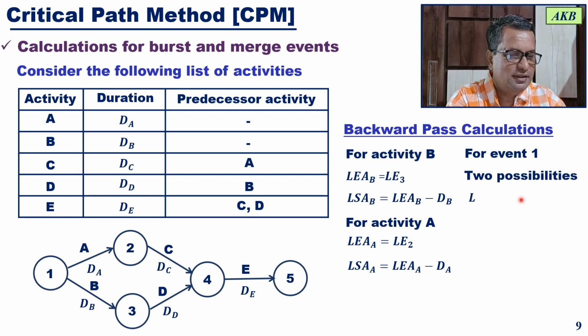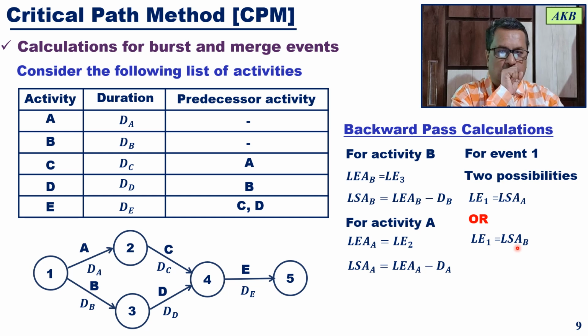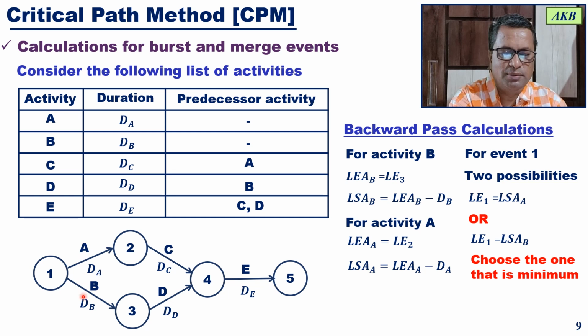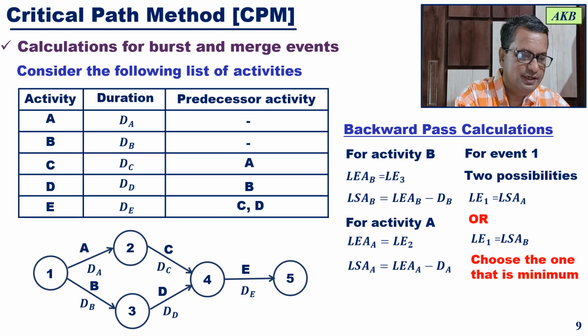There are two possibilities: the latest event time for event 1 will be the latest start time for activity A, or the latest start time for activity B. You have to choose the minimum of these two. Whichever is minimum will be selected as LE1, the latest event time for event 1.